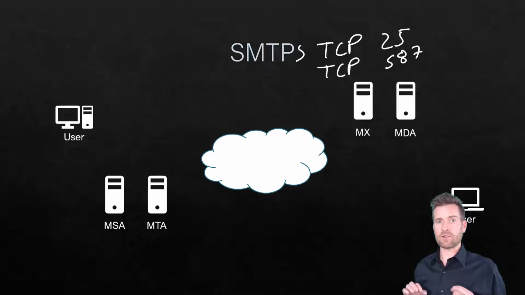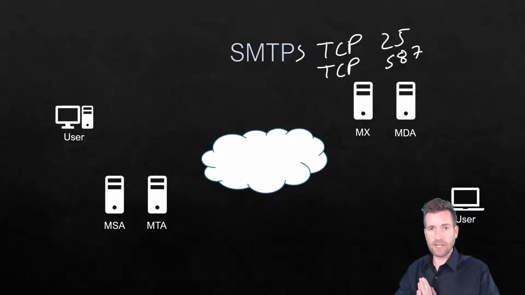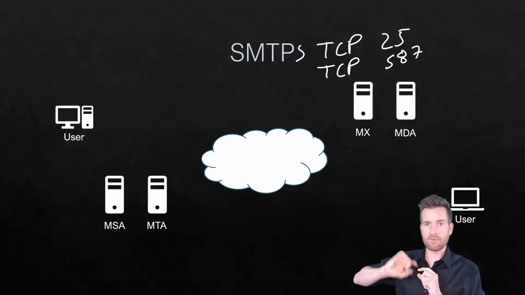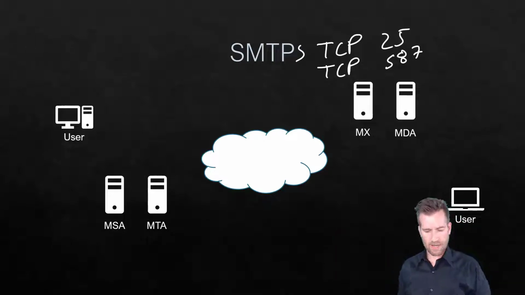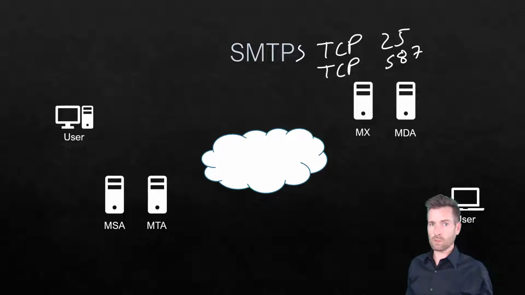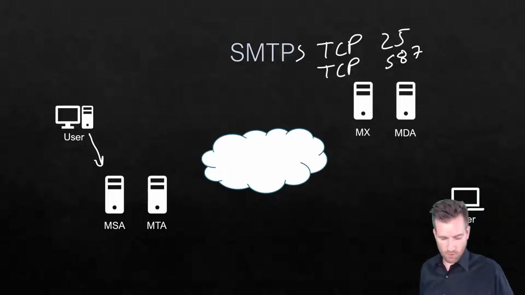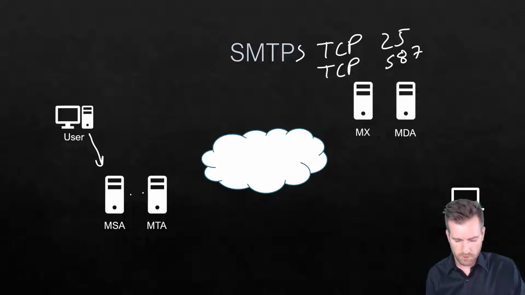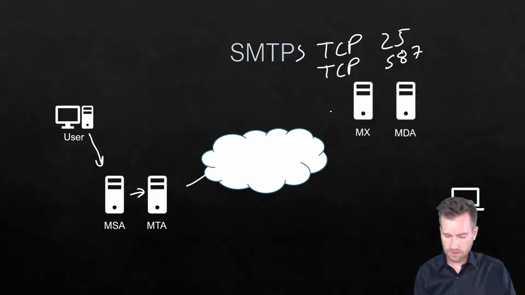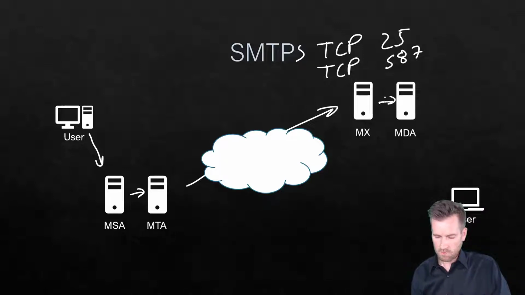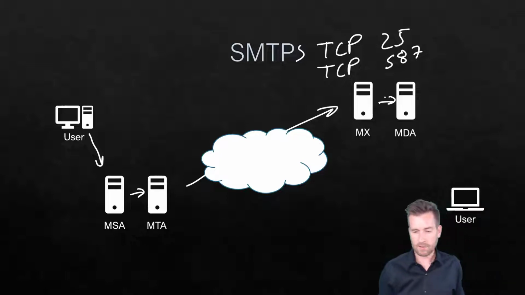SMTP is a way for one device to transfer mail to another device. So think of it more as a push of mail from one device to the next. In this diagram, the mail user agent pushed that email to the mail submission agent, which pushed it to the mail transfer agent, which pushed it to the mail exchanger, which pushed it to the mail delivery agent.